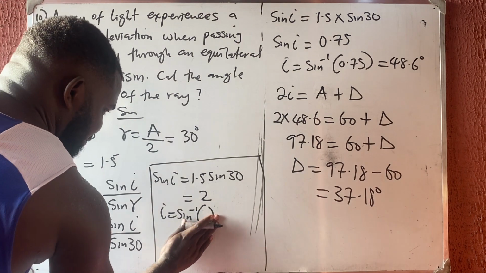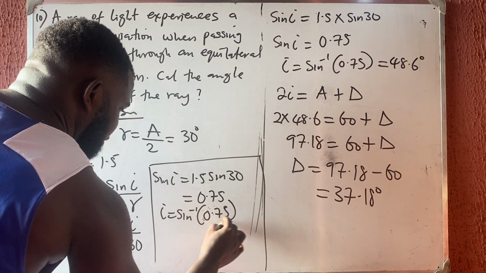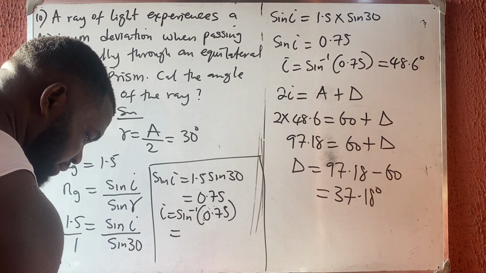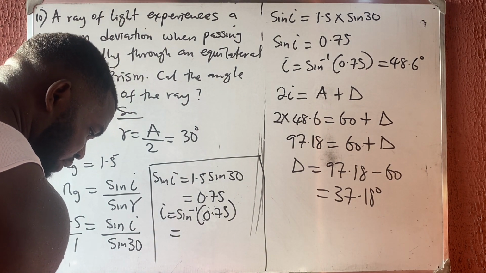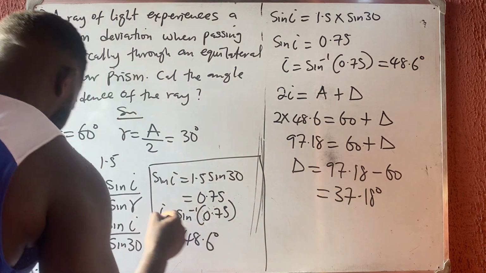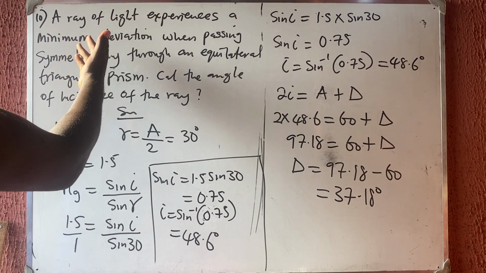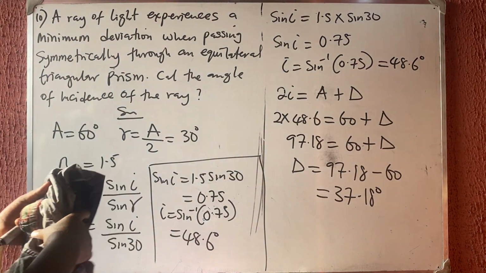Oh, 0.75. Okay, 0.75. So therefore, sine inverse of your answer will give you 48.6 degrees. 48.6 degrees is your angle of incidence. So they did not give us any number here, but you see that we have numbers.